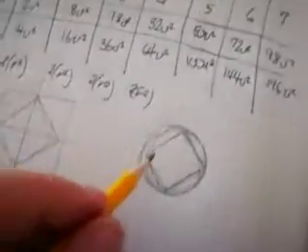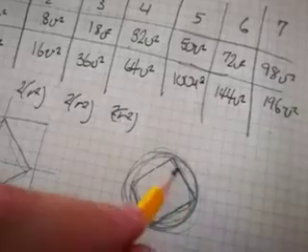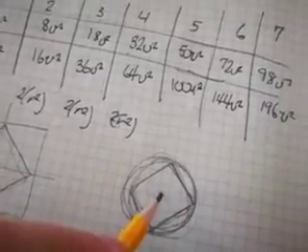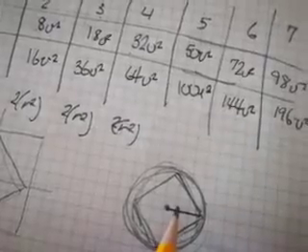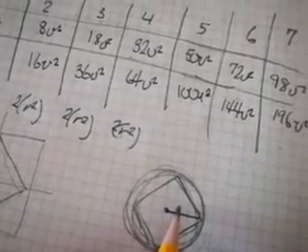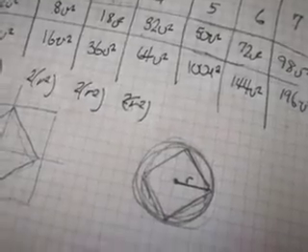So we can describe the relationship: if I draw a circle, and I put a square on the inside, the area of that square is going to be 2 times the radius squared. Quite interesting.